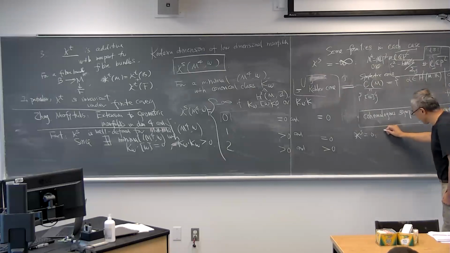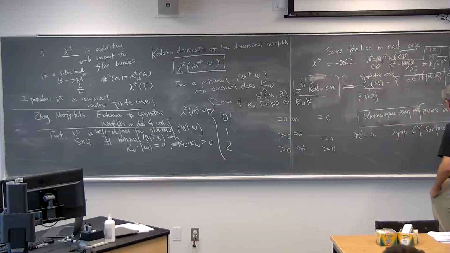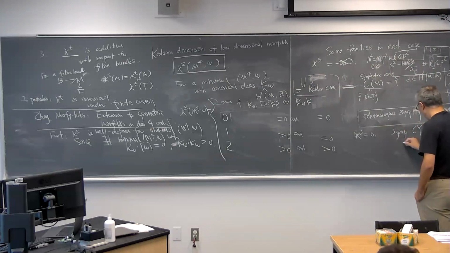This class we call, in the minimal case, symplectic Calabi-Yau surfaces. Because in this case, the canonical class can be shown to be a torsion class.